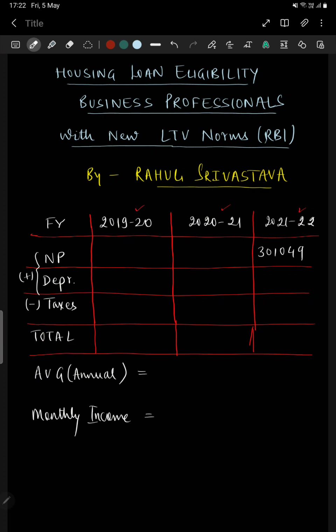And depreciation was 1,68,547, right? Now same way for 2020-21 the net profit was 6,76,307, and the depreciation amount was 1,49,754, which we will reconfirm.